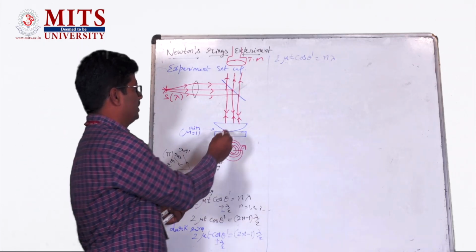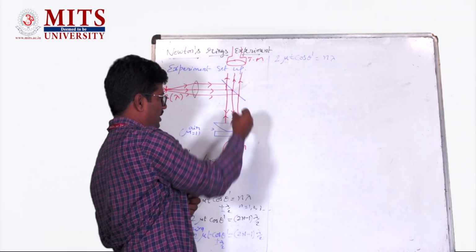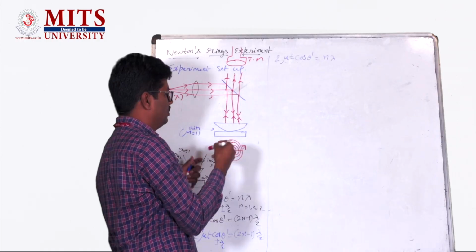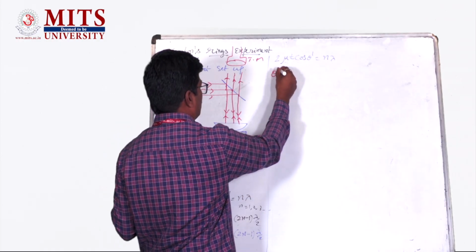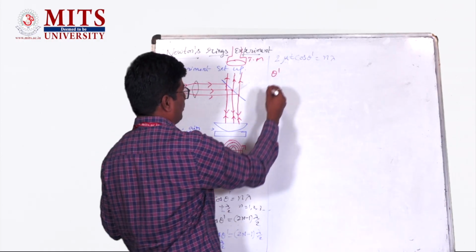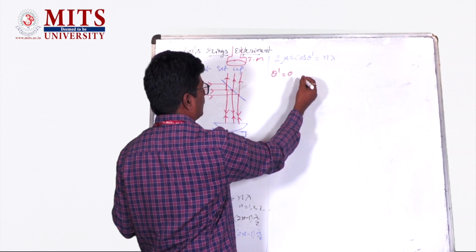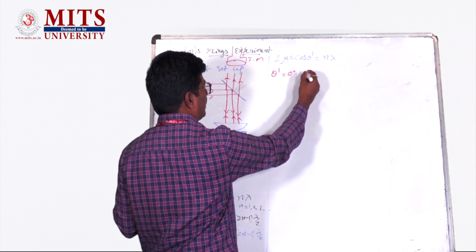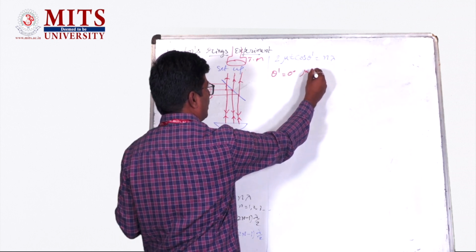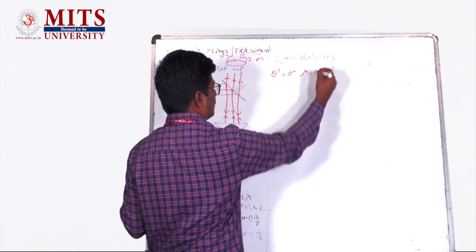Since the light is falling normally and then reflecting back, we can take theta dash, which is the refracted angle, as 0, and we can take the mu value, which is air now, as 1.